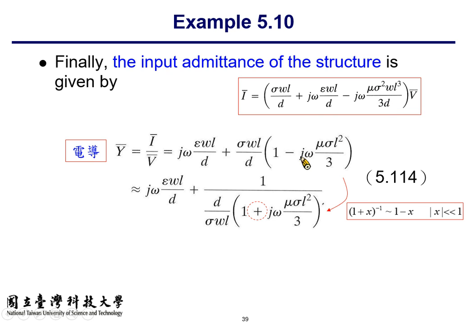As you can see here, the first term becomes J omega epsilon WL over D. And epsilon WL over D is what?